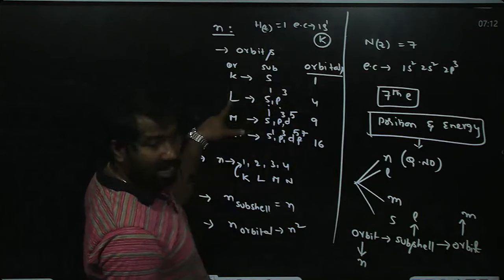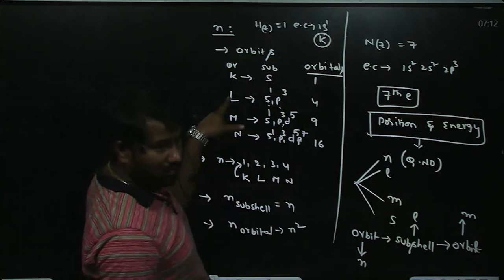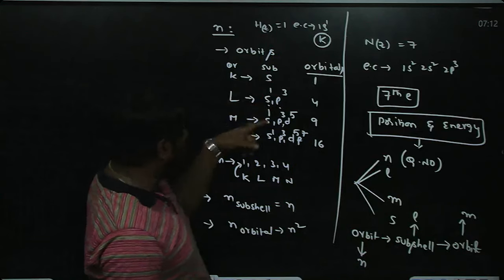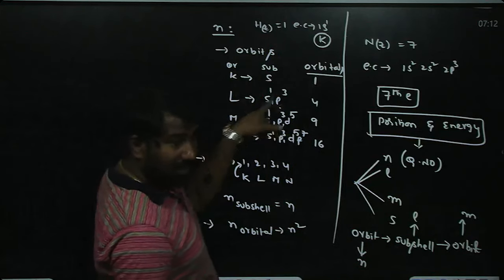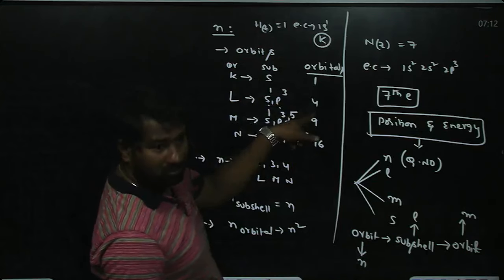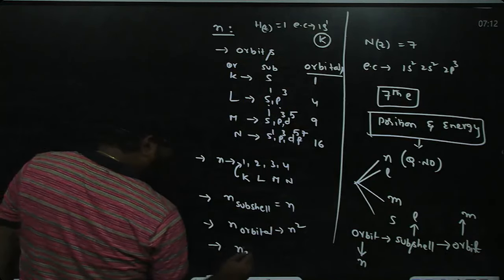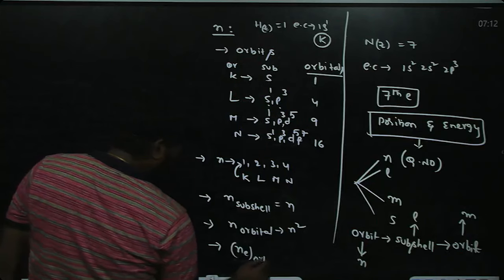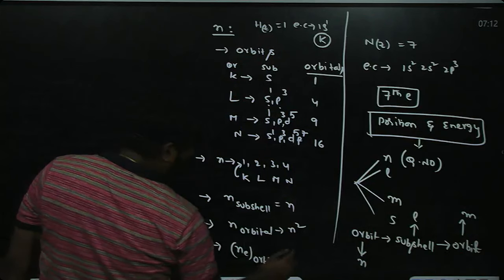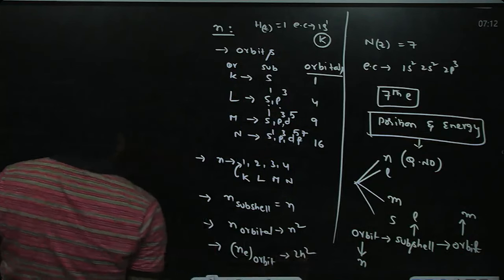For L, n equals 2, number of subshells 2, S and P, and number of orbitals 2 square means 4. If you need to find the number of electrons in a given orbit, that equals 2n square.